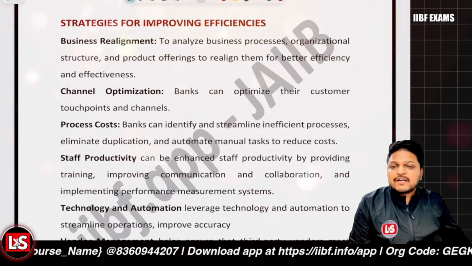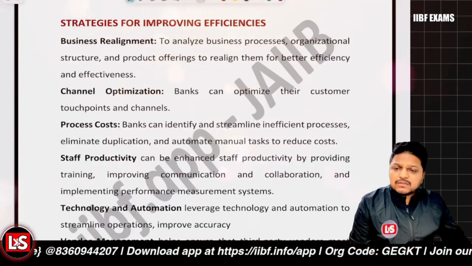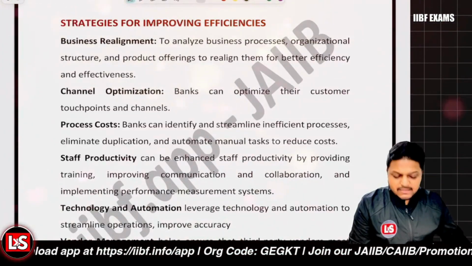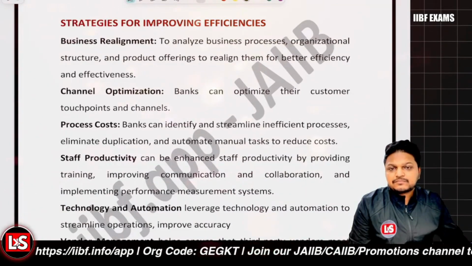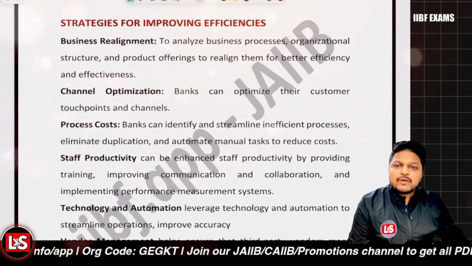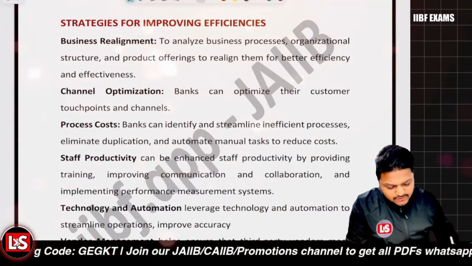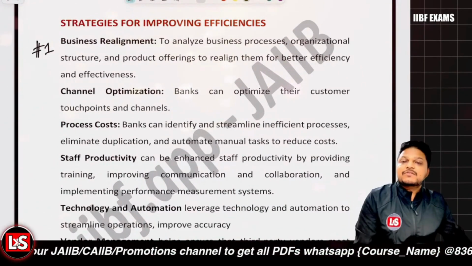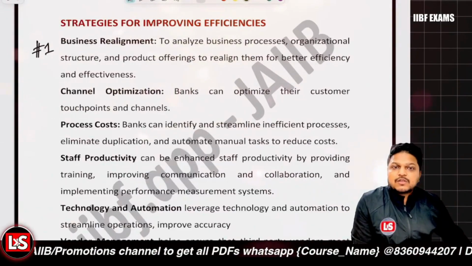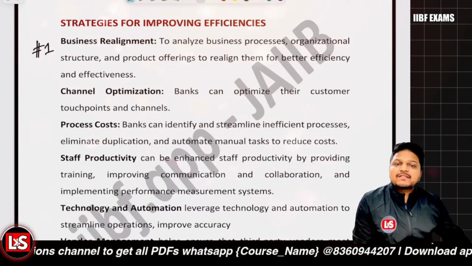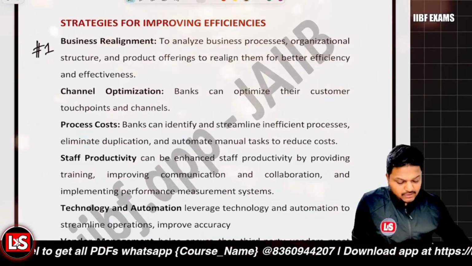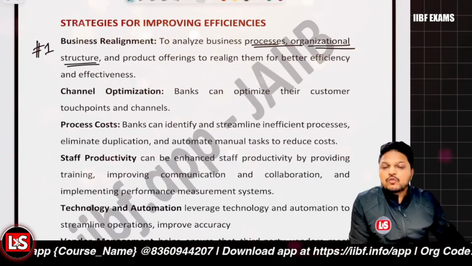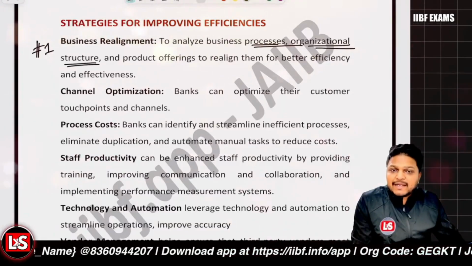There are different strategies that we can be using to improve the profitability. We can be increasing the efficiency. Let's have a look at those points. The first one, it's about the business realignment. So banks are to analyze their own processes, their organizational structure, that is to be looked into, what products we are offering, right?